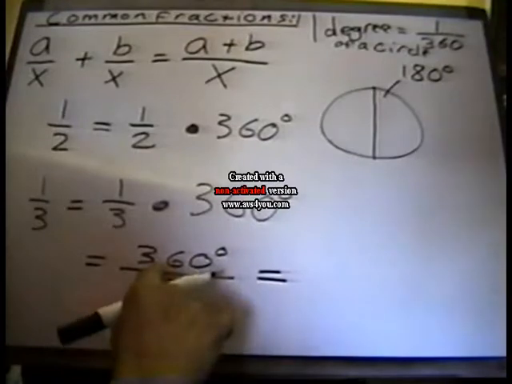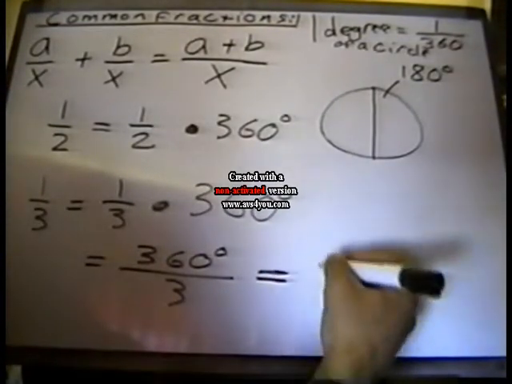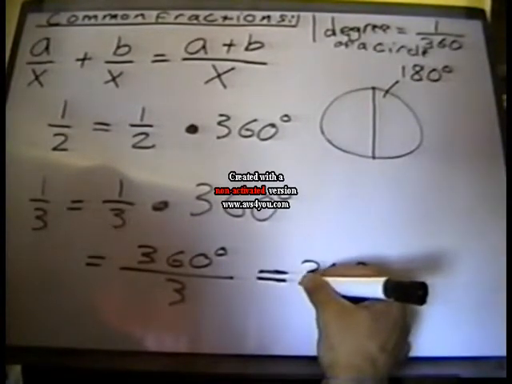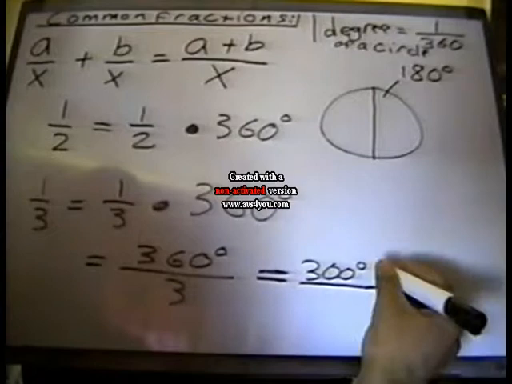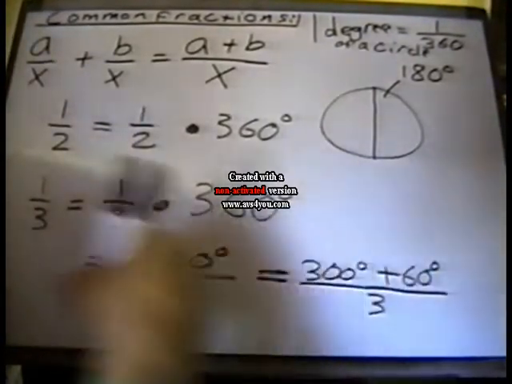Now that becomes 300 degrees plus 60 degrees over 3.